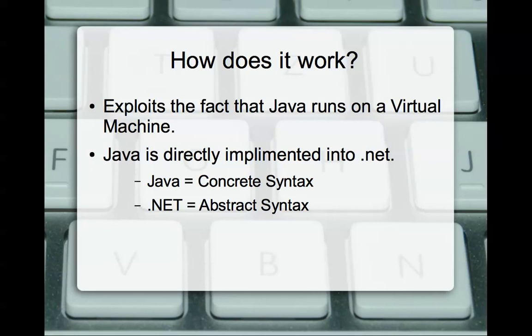And so what was done was that instead of just trying to directly translate Java and the virtual machine into .NET languages, they just rebuilt Java in .NET, which is kind of cool because it's quite relevant to what we've learned about here. The Java environment is sort of just the concrete syntax, while .NET is the underlying abstract syntax.